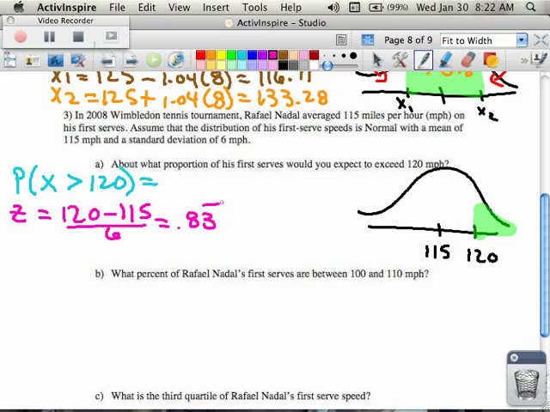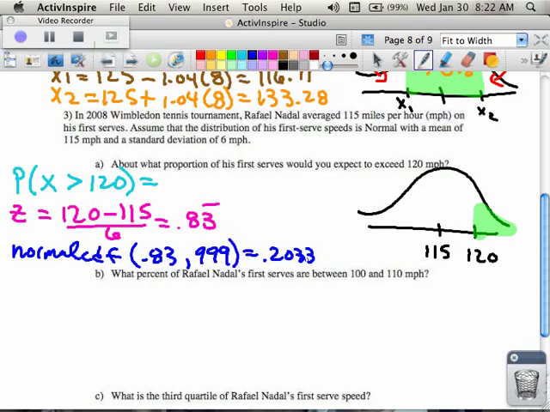So in order to find out my answer, I would go normal CDF, 0.83, and you can go maybe a couple more 3s if you want to, comma 999, and you end up with a number that says 0.2033 roughly. And we might differ again because of looking in the table, or how many decimals you went out with your Z-score.